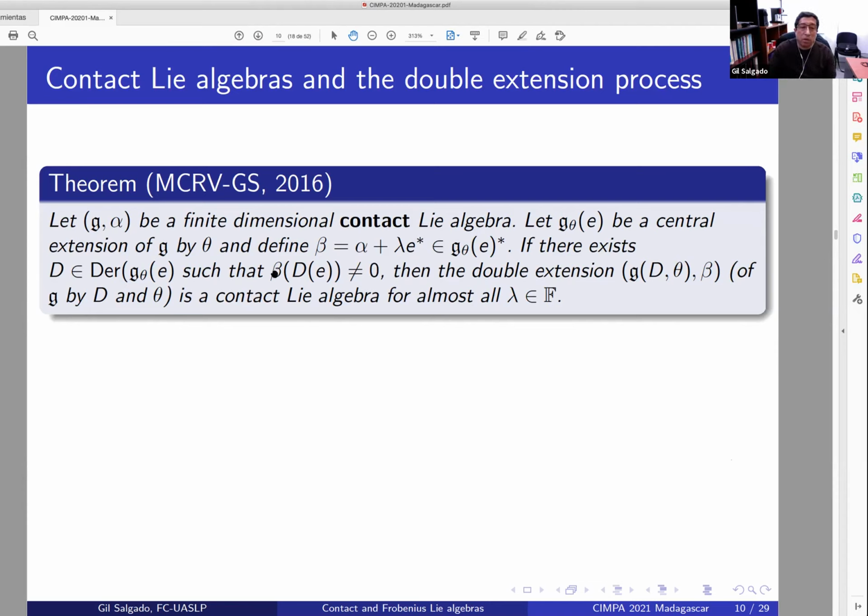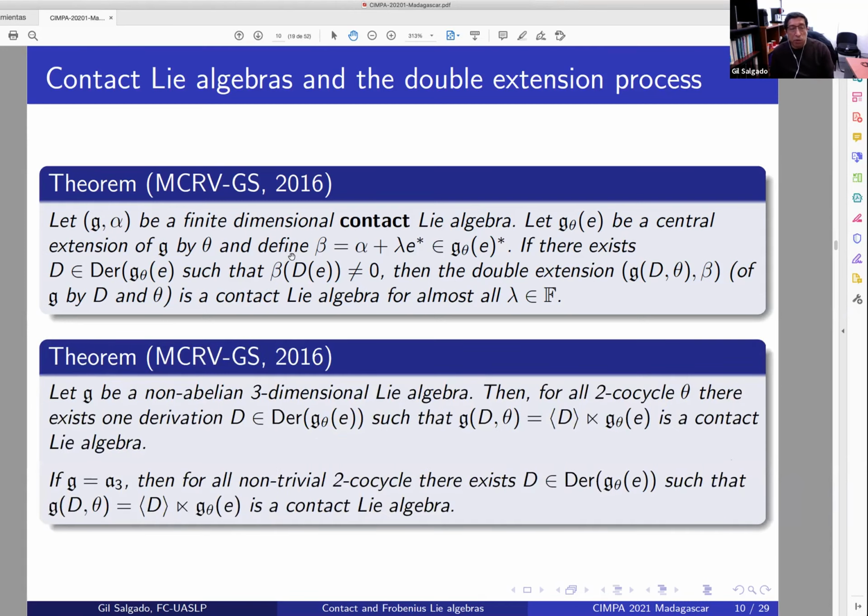So when we got this condition, we asked if this is a good condition or not. Can we construct examples in which we can guarantee this condition? Well, the answer is yes. If you take any non-abelian three-dimensional Lie algebra and take any 2-cocycle and take the central extension of G by this theta, then there exists one derivation such that these conditions hold true.